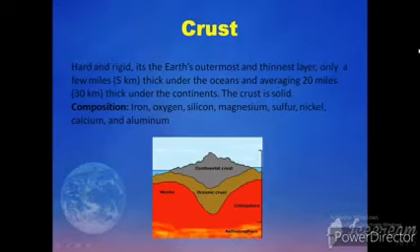So here let's first discuss the crust of the earth. What do you mean by the term earth's crust? It is basically the hardest and the thinnest portion of the earth. To be more specific, it is the outermost layer and extends only a few kilometers, say up to 5 kilometers below the oceans, and averaging around 20 miles, that is 30 kilometers, under the continents.